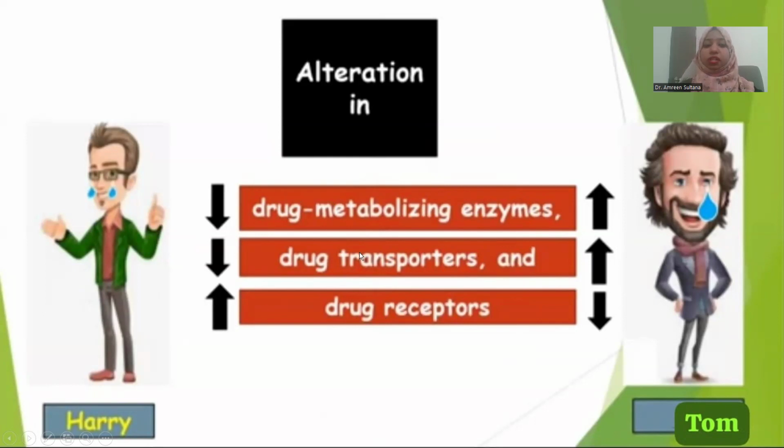Both are vice versa cases. So based on the inter-individuality of the patient, based on these conditions, you can identify that pharmacogenetics differs from each patient. Based on the genetic condition, it differs from each and every other patient.